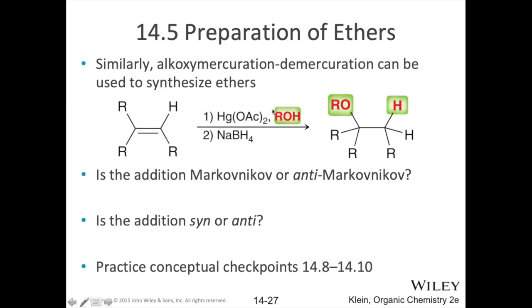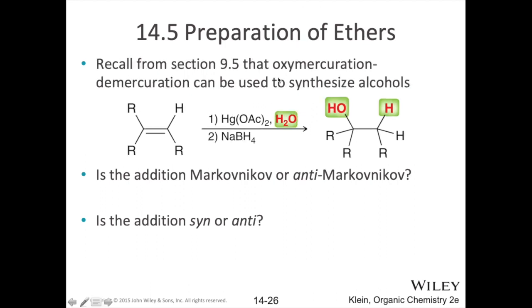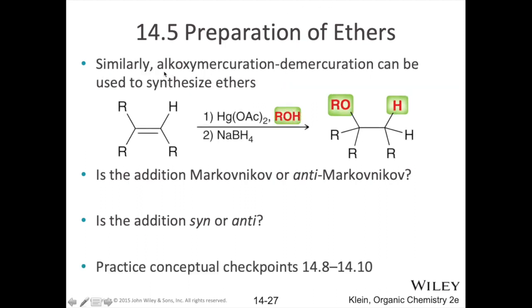It's just doing the same mercuration demercuration, but instead of oxymercuration, we're going to use alkoxymercuration. Okay, so that's the difference. In terms of regiochemistry and stereochemistry, the mechanism's still the same. So we're still doing a Markovnikov addition. Your alkoxy group is still on your more substituted carbon.